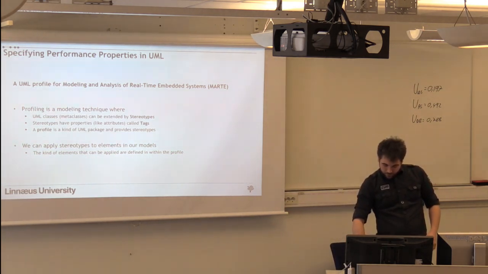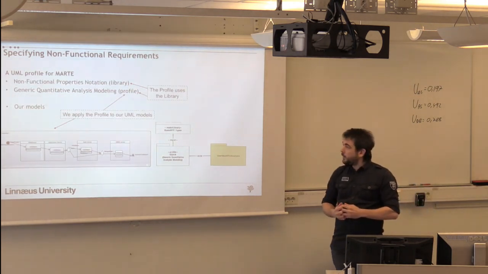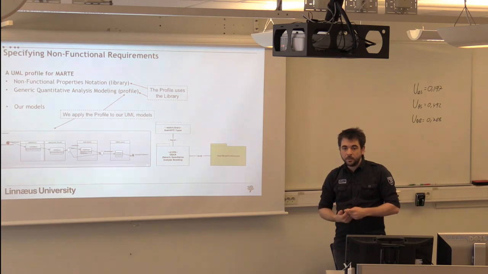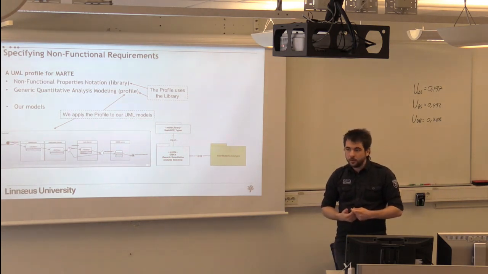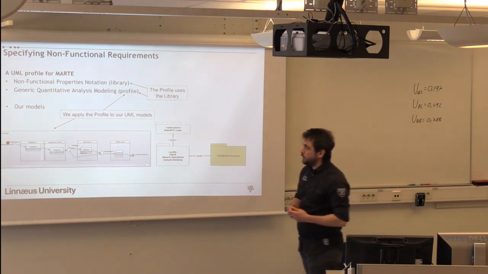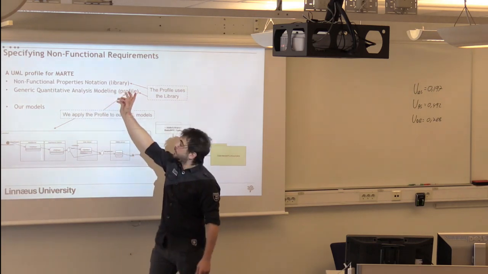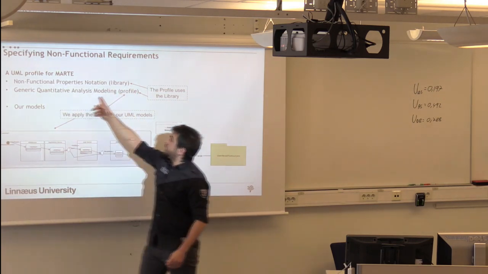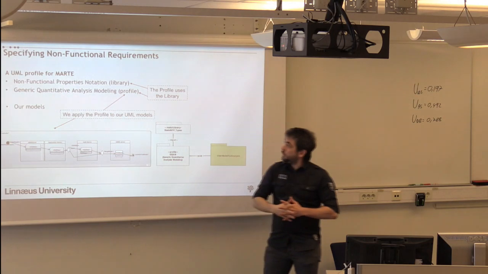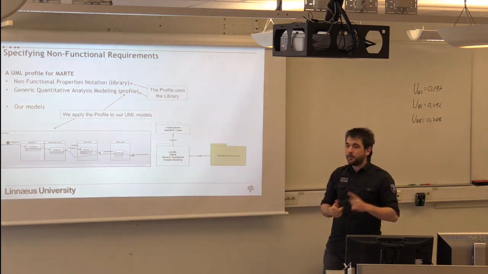So concretely, from the Marte profile, there is a link to Marte in my Moodle. It's quite a long document, but we are going to use only the non-functional properties notation, the library, and the generic quantitative analysis modeling, which is the profile, which are chapters 8 and 15 in the document.